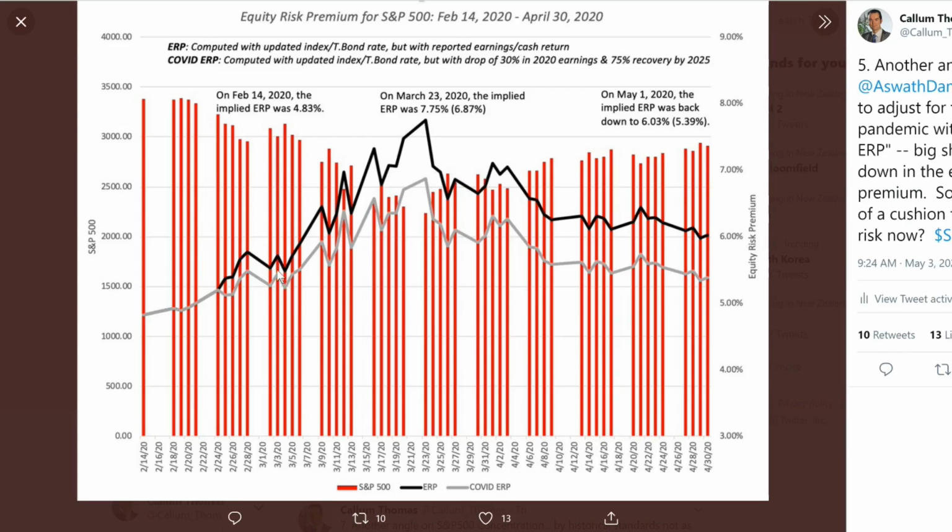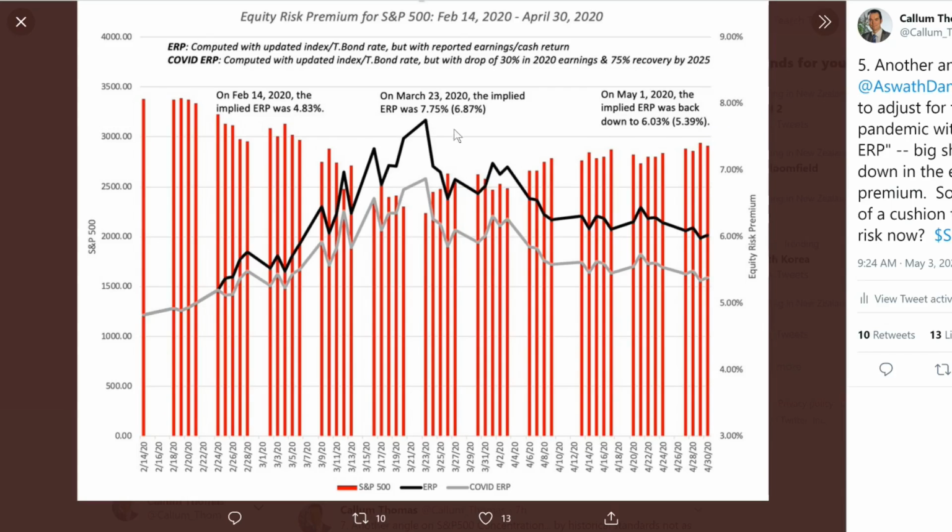I guess you would say that when the virus kicked in was probably the time to switch over to the grey one, if you assumed that was the right way to look at it. And it's not all that much higher than back then.